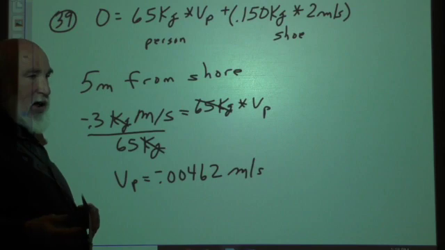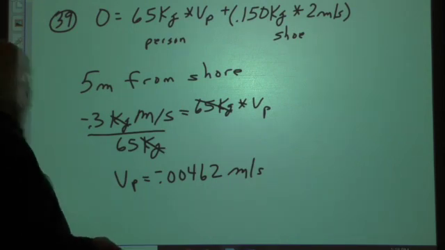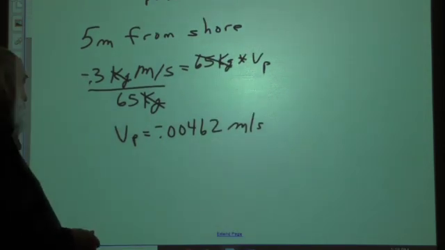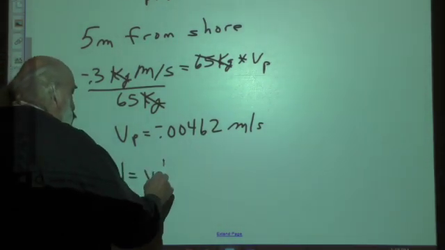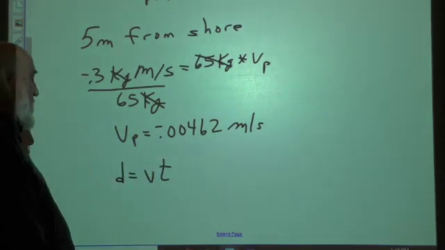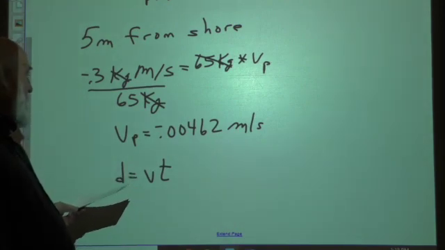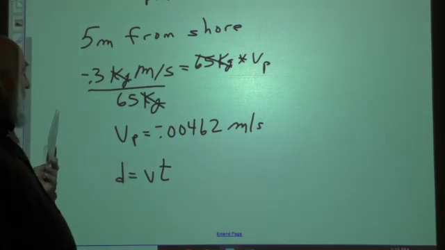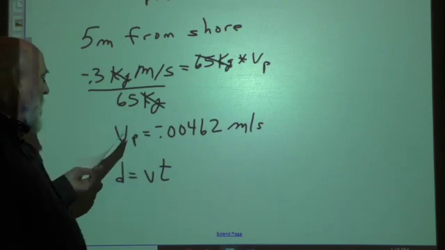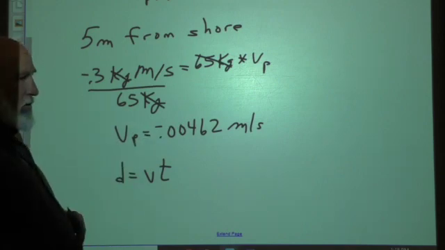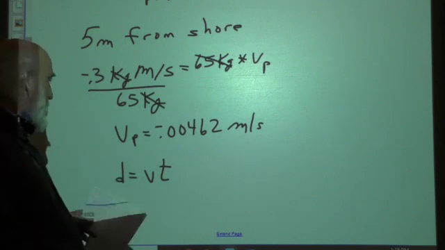So we want to find out how long it's going to take for him to get there. We simply use the formula d equals vt in our physics toolbox. Since they want to know the amount of time it's going to take, we're going to ignore that negative sign because it has nothing to do with this problem.